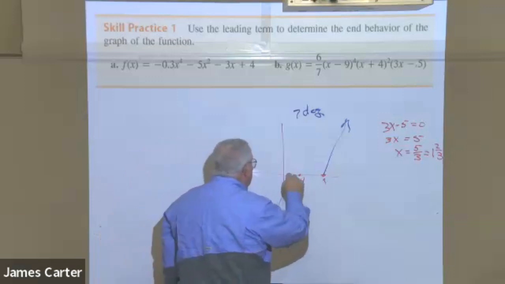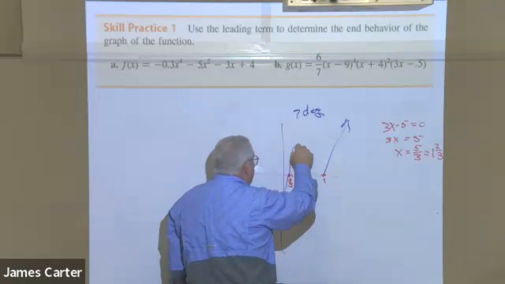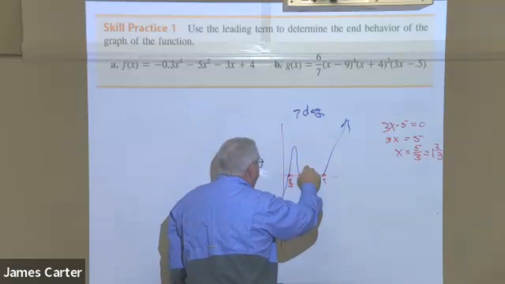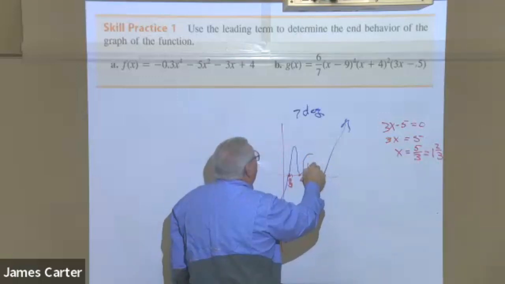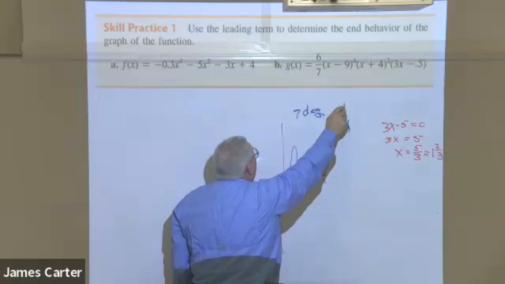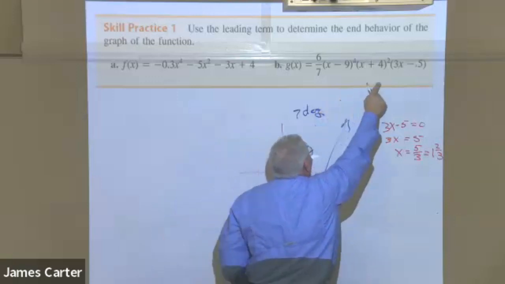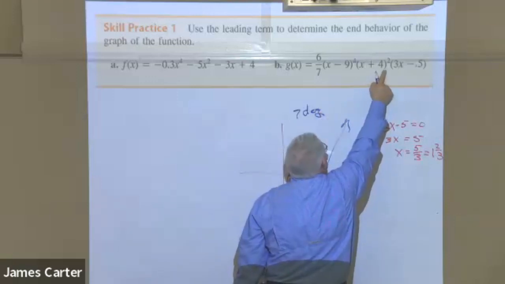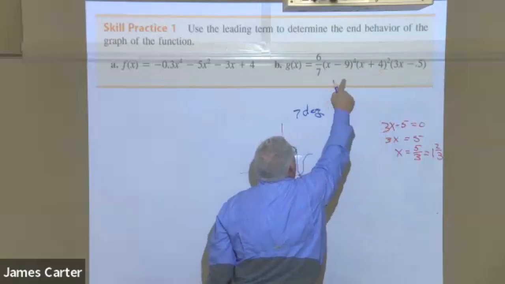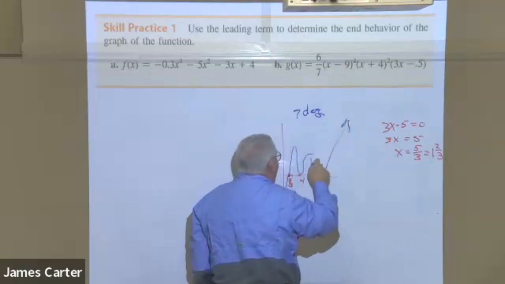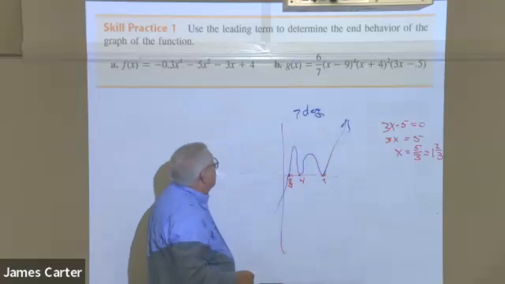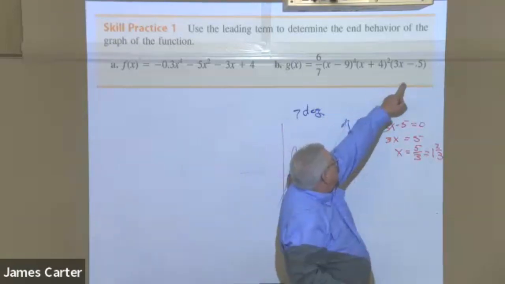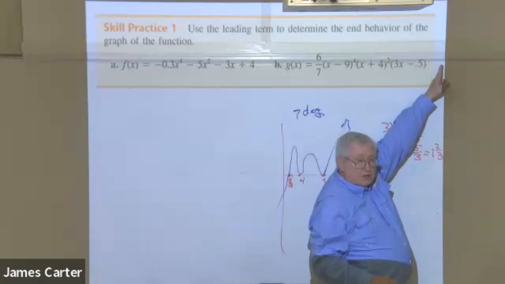In very loose terms, that means this is going to come up, come down here and touch, and then a touch here, because that's an even multiplicity. This is an even multiplicity, meaning another touch and go. This one is a first power, an odd multiplicity.